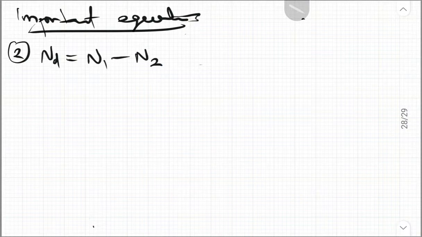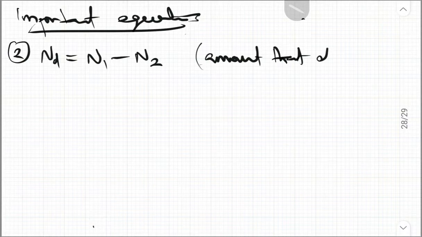So this gives us the amount of radioactive material that decayed for a given amount of time.